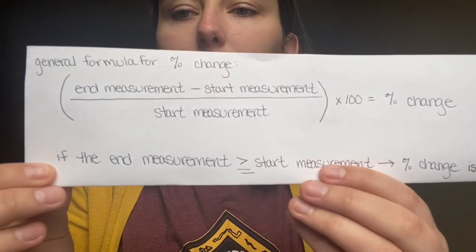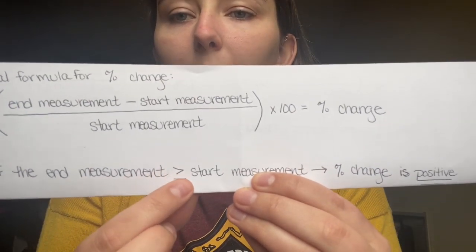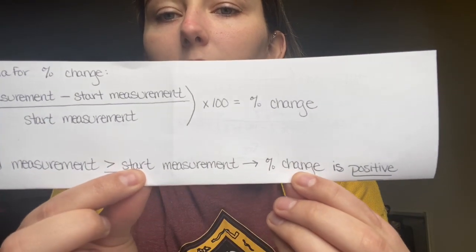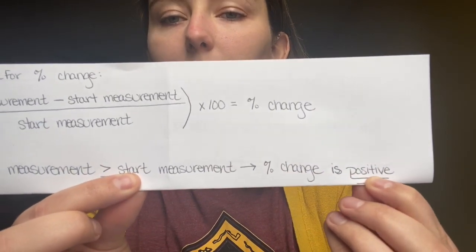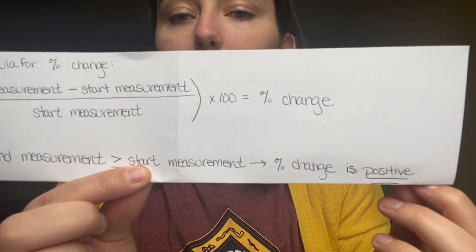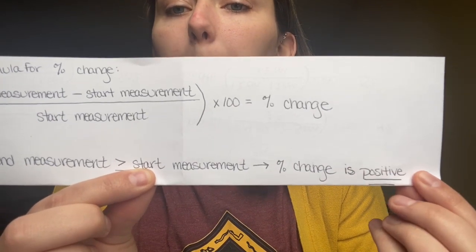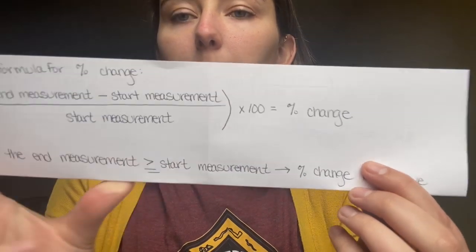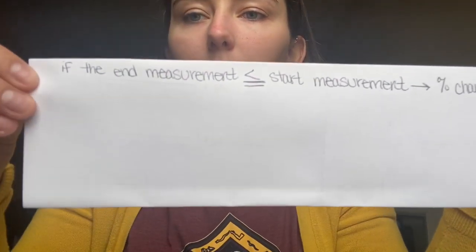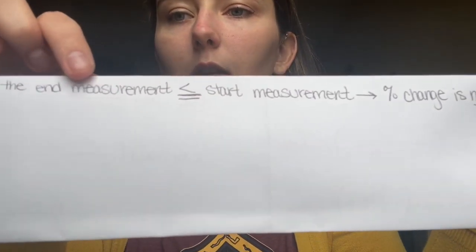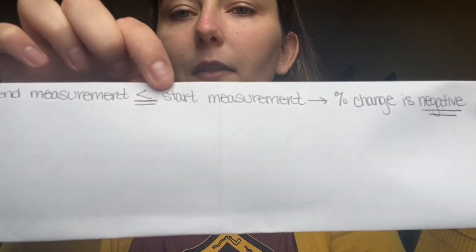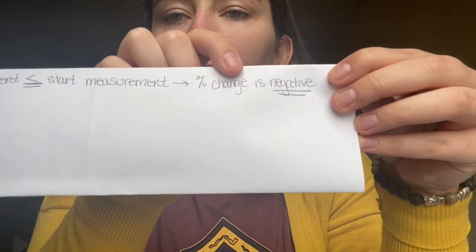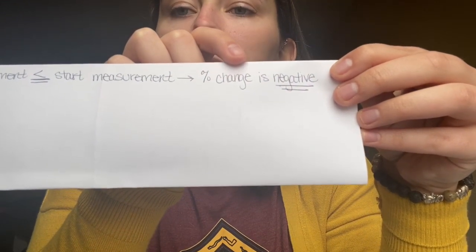If the end measurement is greater than your start measurement, then your percent change will be positive, and that means that your gummy bear got bigger, that measurement increased. But if the end measurement is less than the start measurement, then your percent change will be negative, and that means that measurement actually got smaller.